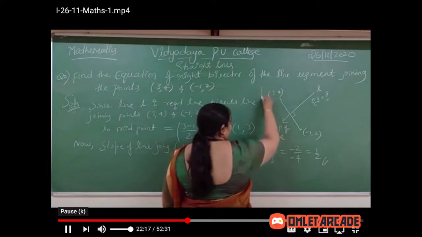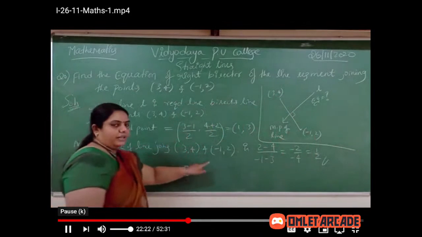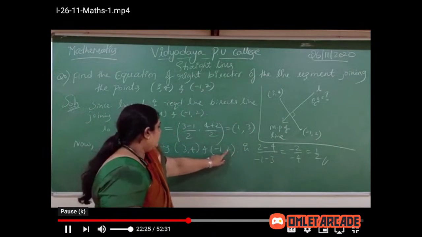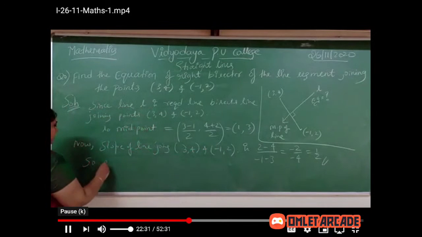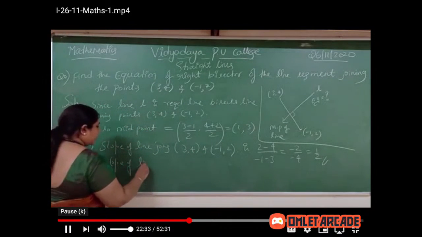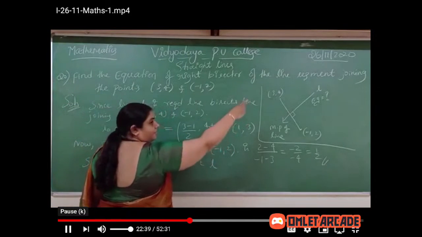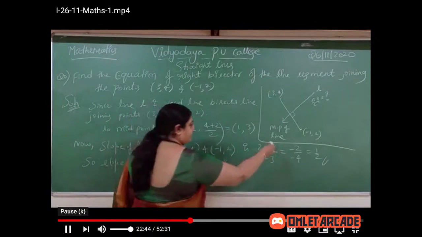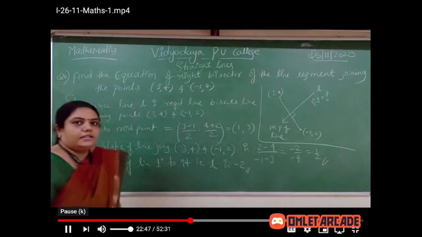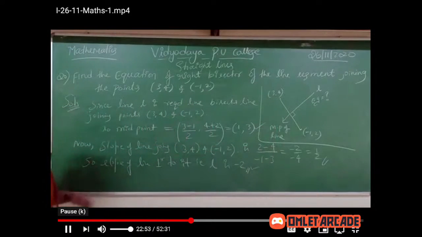Half is the slope of this line. So the slope of the line perpendicular to it, that is L, is its negative reciprocal, that is -2. See, we have a point on the line, we have the slope of the line. Now can we find the equation of the line, students?